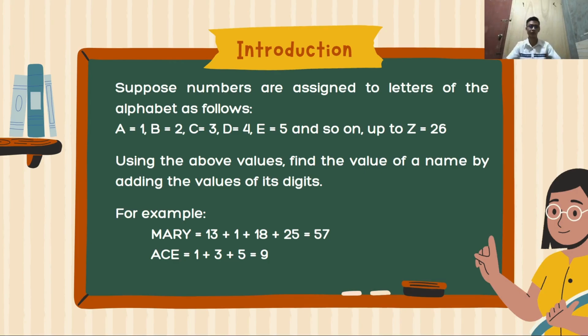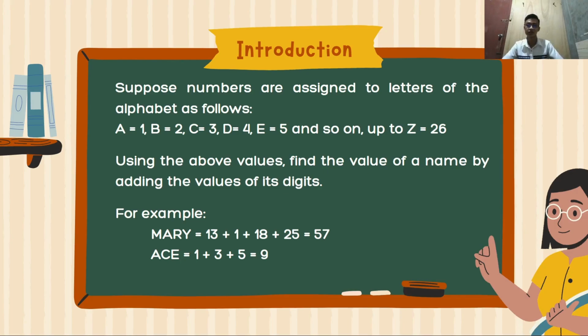We have here the name Mary. Letter M is the 13th letter of the English alphabet, A is the first, R is the 18th, and Y is the 25th. If you sum it all, it is equal to 57.